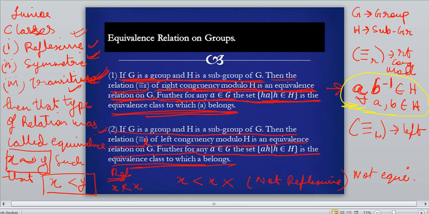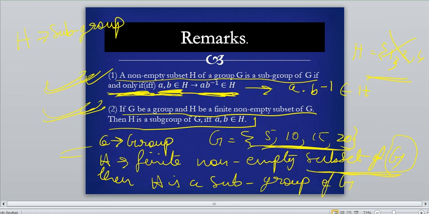But in groups it's a little bit different, a little twist, with the right congruency and the left congruency modulo H. And the sets are given to you already. Then we moved on to some remarks on how H can be a subset of G.